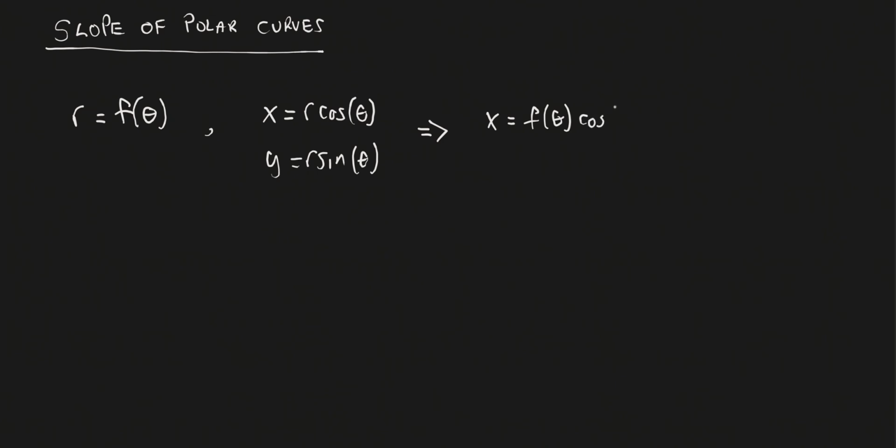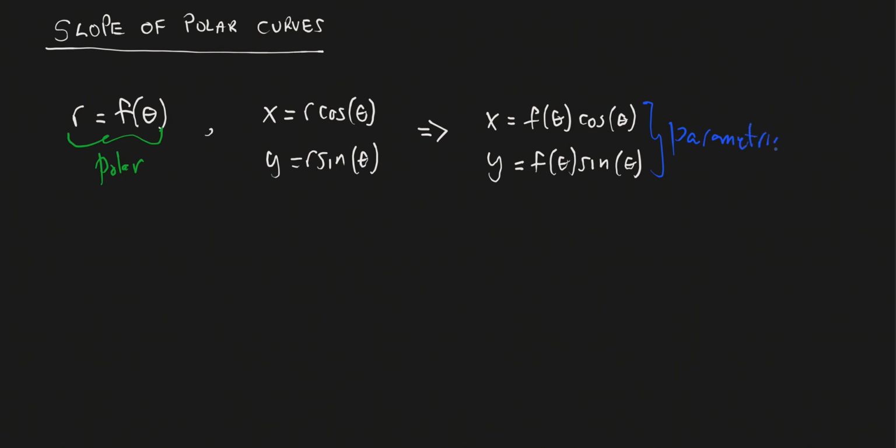So x is f of theta times cosine of theta, and y is f of theta times the sine of theta, right? And again, let me emphasize what we've done here is we've started with the polar equation, and then we've now expressed that polar equation parametrically.